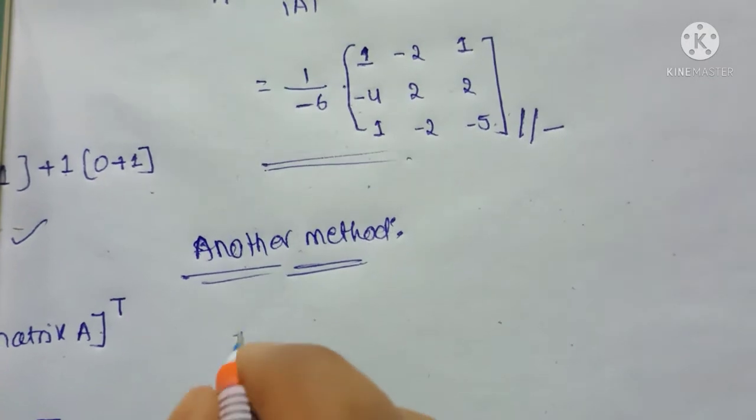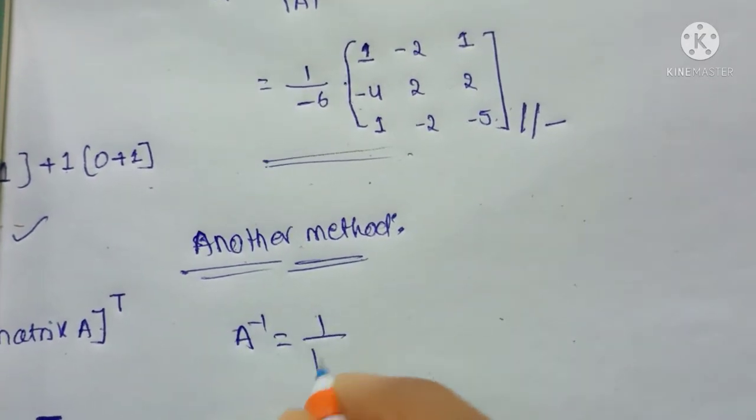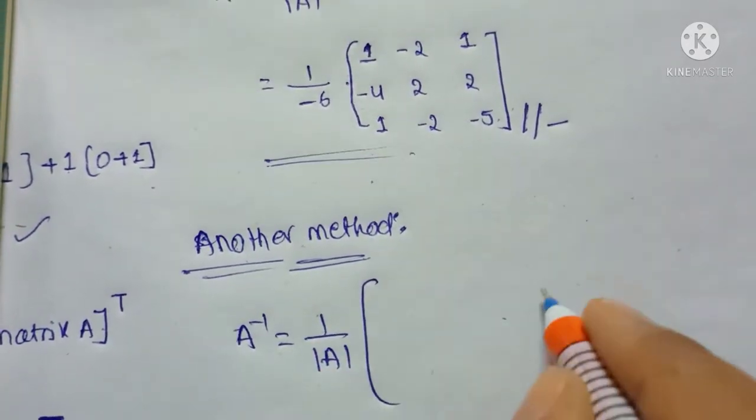A inverse equals 1 by det A into the adjoint matrix.